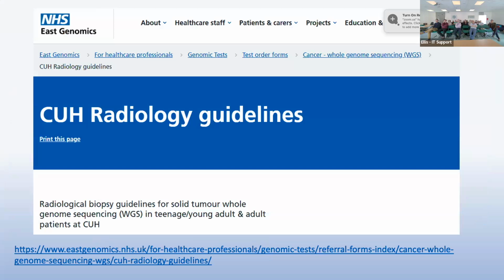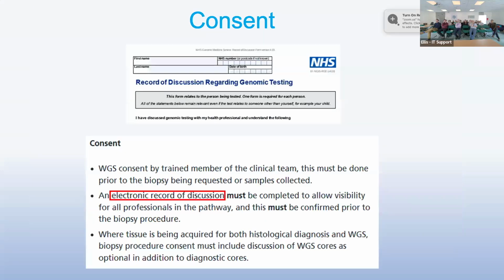So we drafted some radiology guidelines when we started to do this with Ed's help, and they are available on the GLH website. They're a work in progress, so we're updating them as required, and there'll be another update soon.